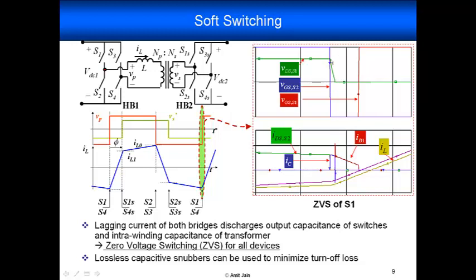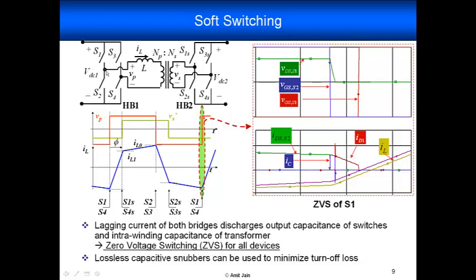And when that happens, this starts charging the node up towards VDC1, and the voltage across this switch S1 starts reducing. So the green curve here in this graph, you can see VDS S1 is slowly reducing because of the current in the inductor.